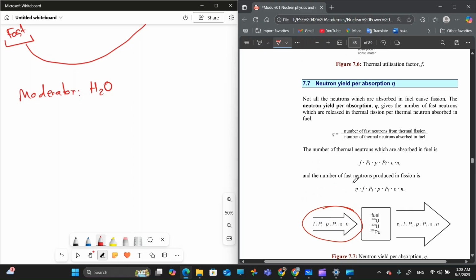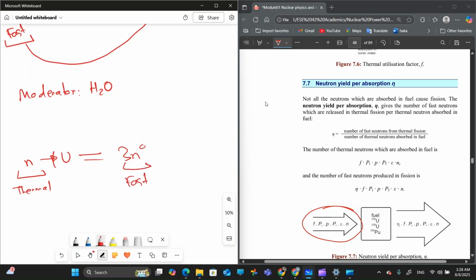Okay, so suppose this number actually fissions, and after fissioning they are creating a new number of fast neutrons, right? Like in the beginning phase we had one neutron and it hit uranium and it created three other neutrons, right? So this neutron was thermal and these three neutrons were fast.